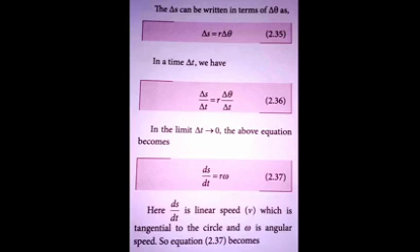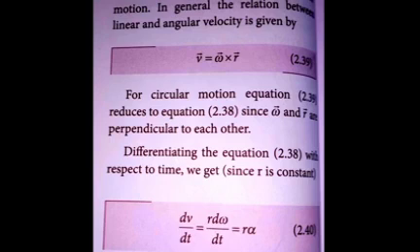Here ds divided by dt represents the linear speed, that is the linear velocity when the object moves in a straight line, and omega represents the angular speed, the speed at which the object covers the circular path. Then we give the relation between linear and angular velocity.